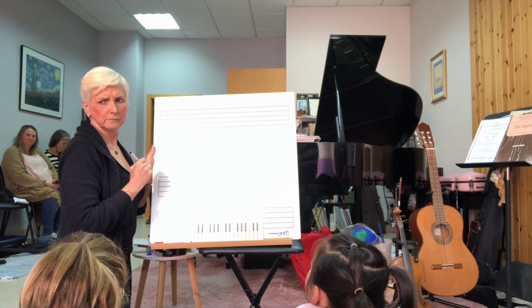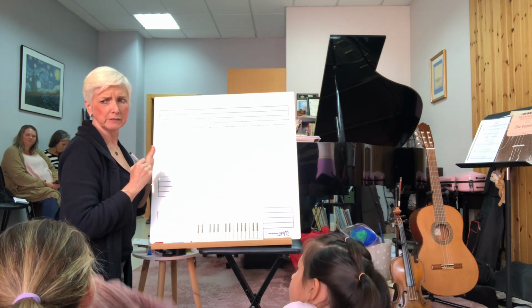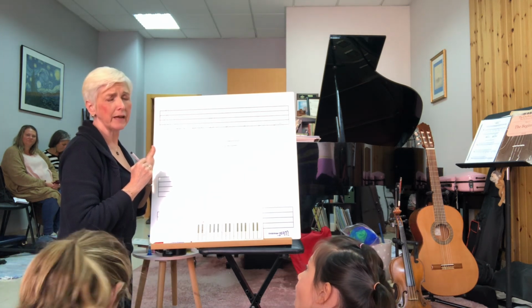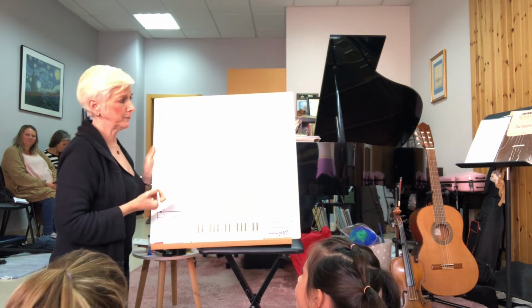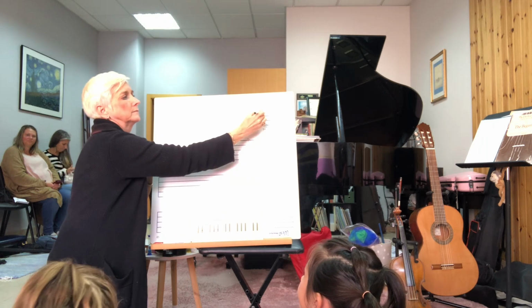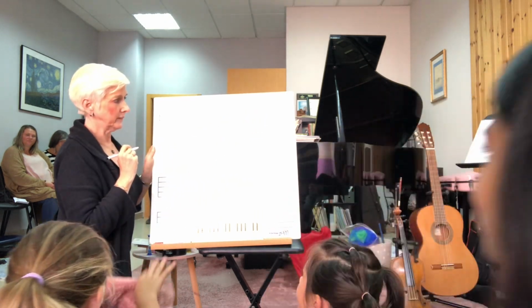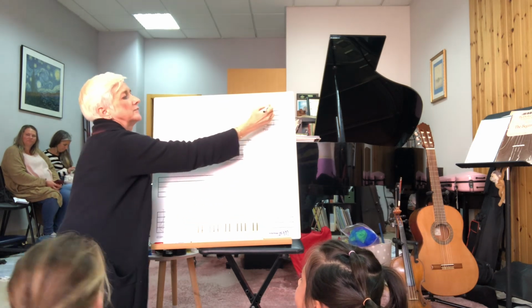E. We're starting on E. How can E be 3 notes away from E? We're starting on E flat, same letter, right? G. Myra, major sixth. C. And Kira, a perfect octave. E flat.